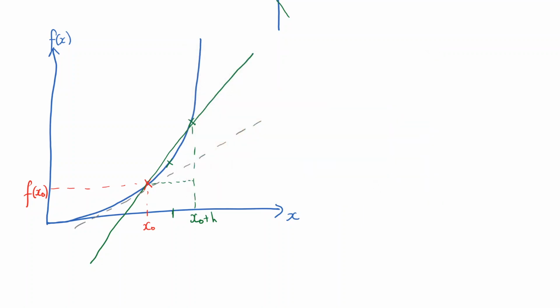So this new approximation is going to look something like that, and you can see that this line here is a lot closer to the grey dotted line than this one here. So as we're reducing h, as h is getting smaller and x0 plus h is getting closer to x0, our approximation is getting closer. So let's go back to here.